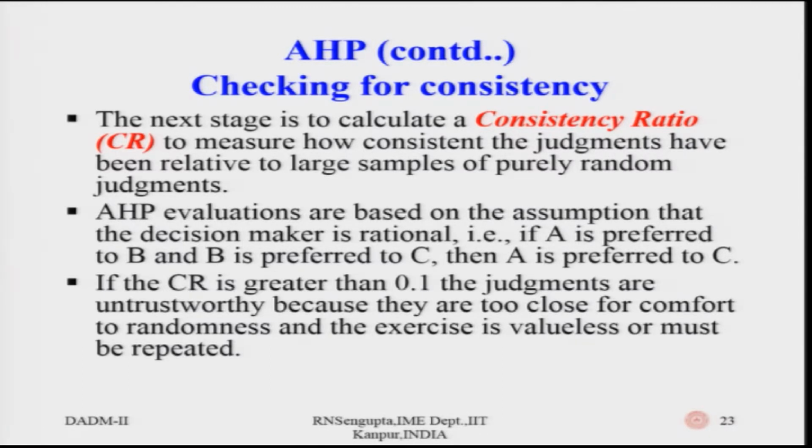is to calculate the consistency ratio or CR. Now, consistency ratio means the judgment which you are going to make as an individual, how consistent is it, or whether there is any discrepancy or logical flaw in the decision making process.